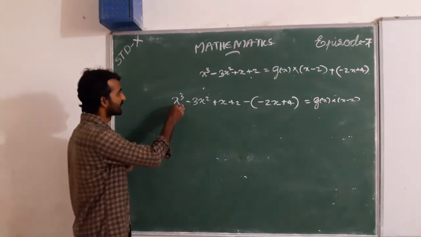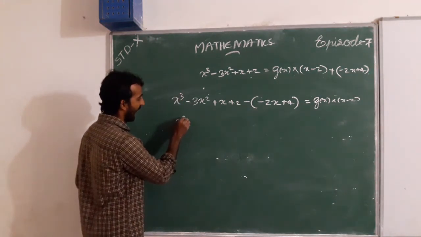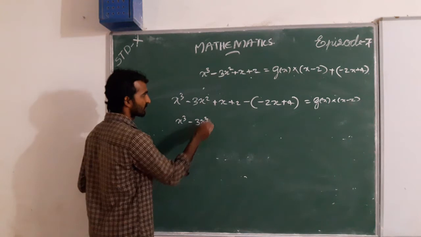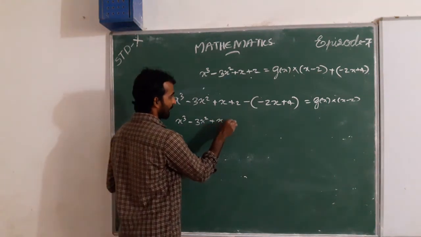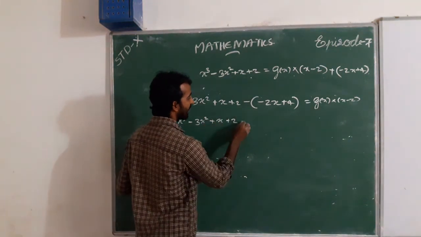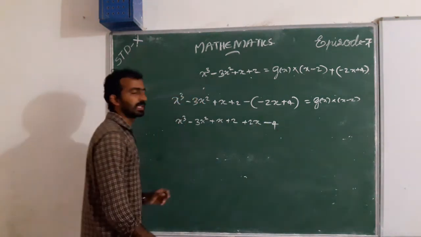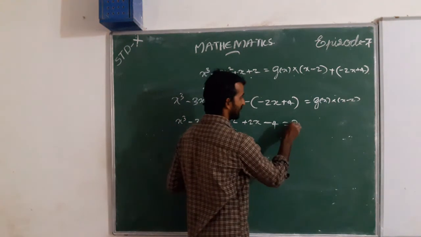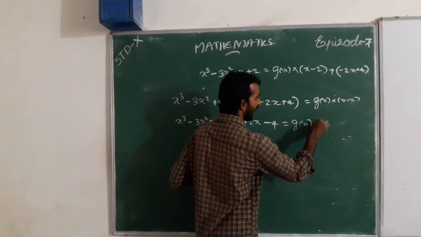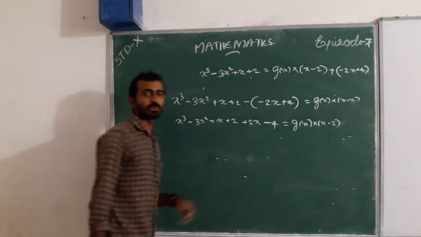That is we get x cube minus 3x square plus x plus 2, here plus 2x minus 4, equal to g of x into x minus 2.